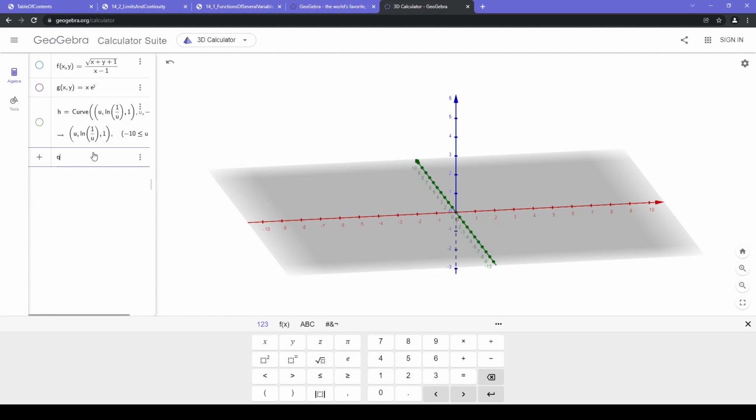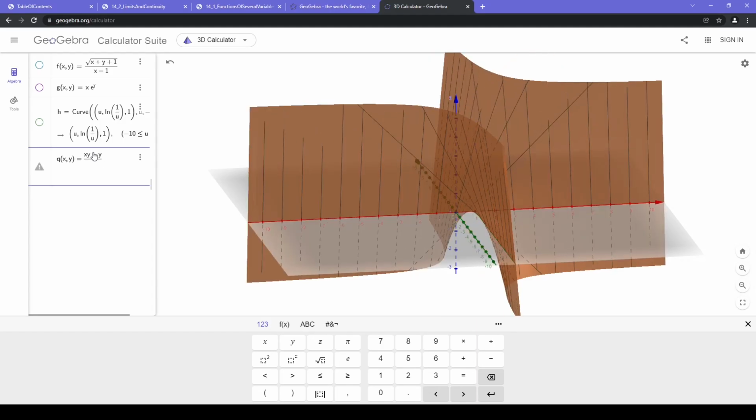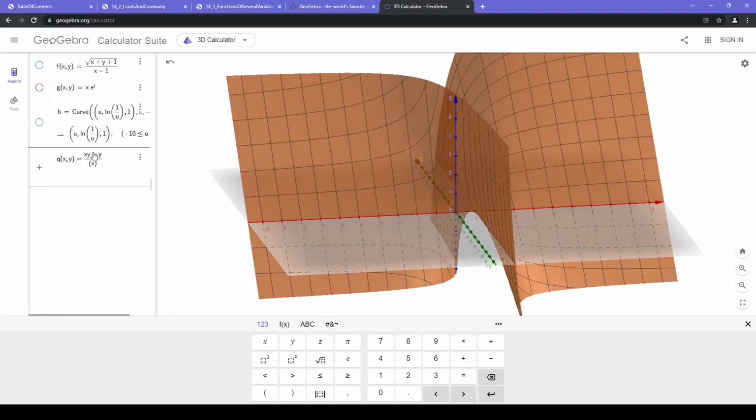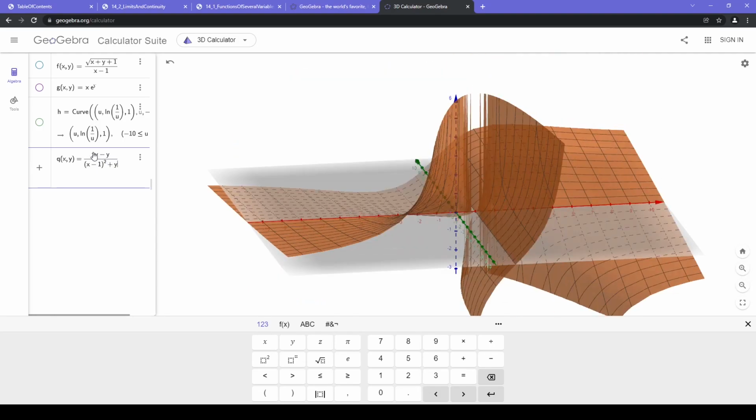It was xy minus y divided by x minus 1 squared plus y squared.